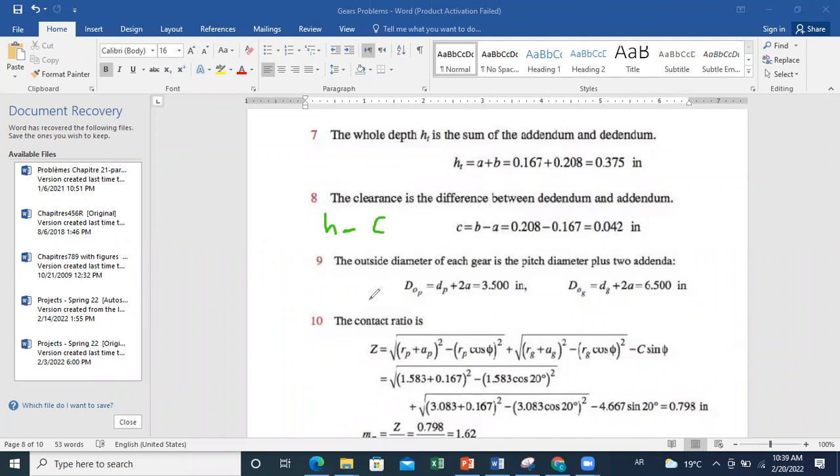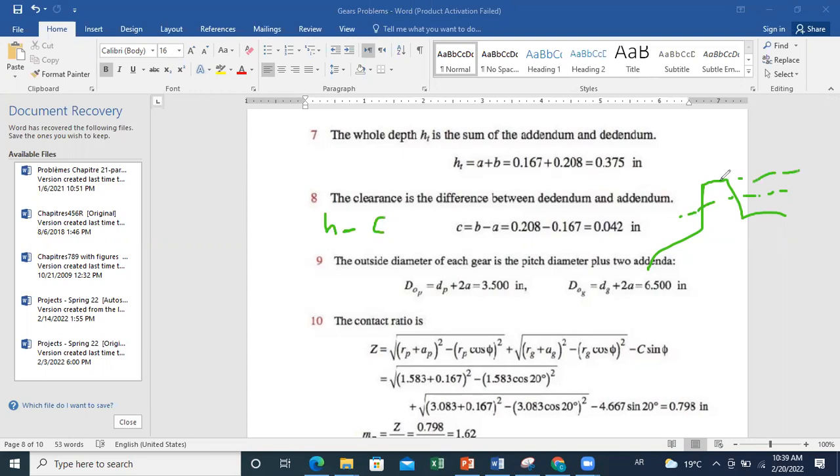Now, concerning the values of the outside diameters of each gear, whenever we talk about the outside diameter, we mean the diameter of the circle passing by the top of the gear. So this is your gear. We said that we have the pitch circle, which will pass through the contact point between gears, and you have the top circle.